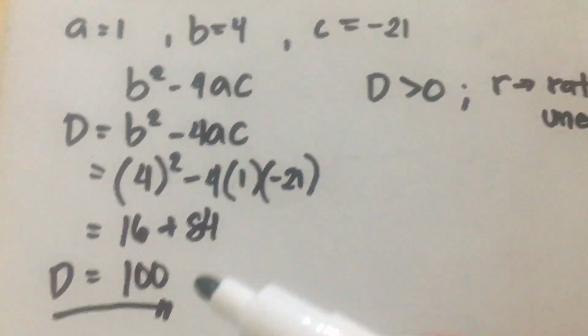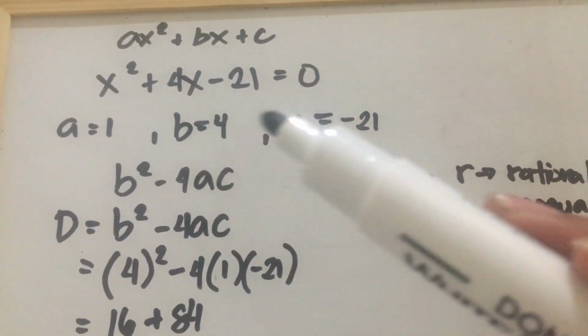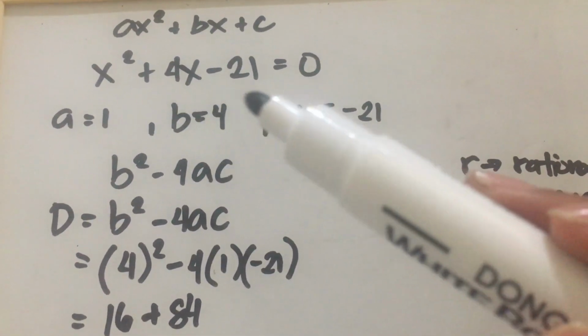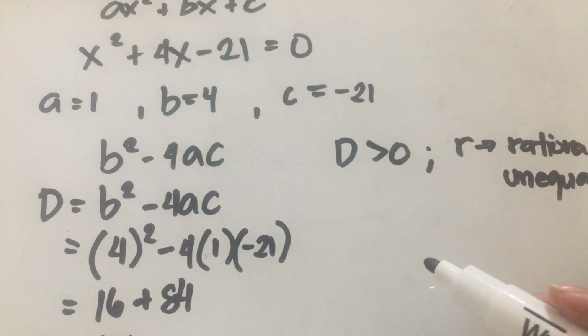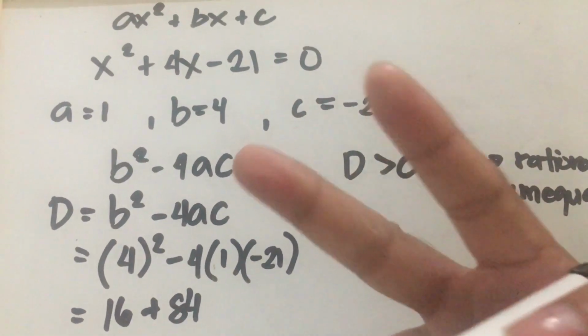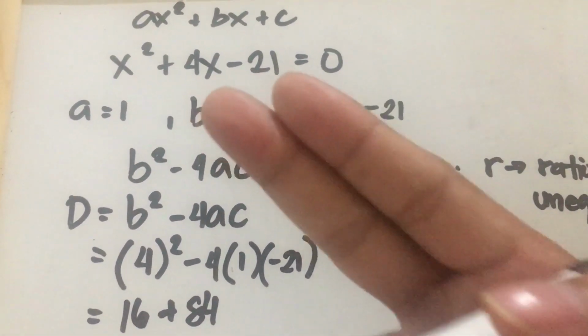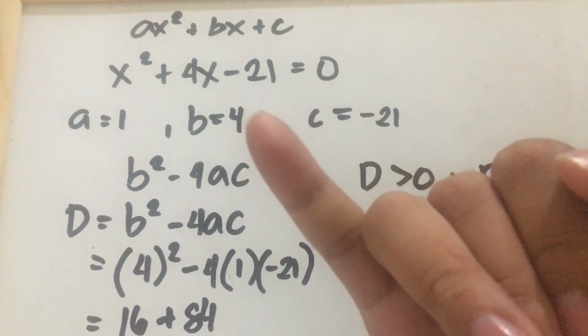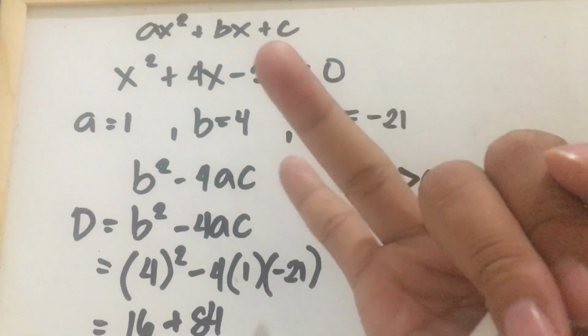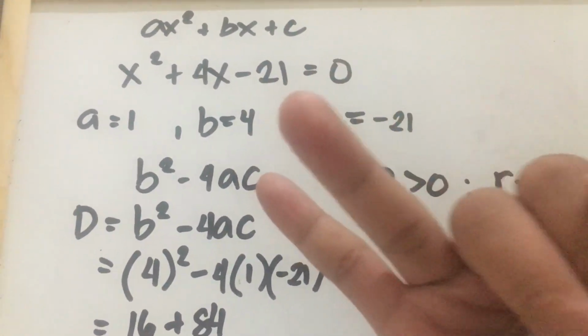So we will try this quadratic equation x squared plus 4x minus 21 in finding our roots. Now, there are two ways of solving for the roots of a quadratic equation, whichever you are comfortable with. First is factoring, or second, you can also use the quadratic formula.